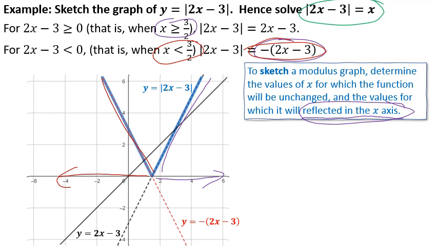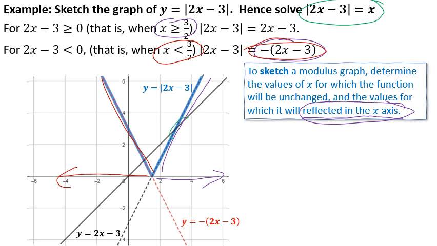Because when they cross, it'll mean they have the same y value for the same x value, and that's equivalent to finding the x value that corresponds to the solution to the equation. So really what we're saying is, where does the big blue graph of mod 2x minus 3 cross the new black graph y equals x?